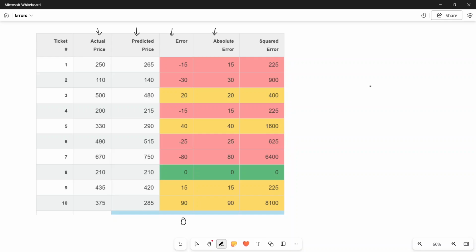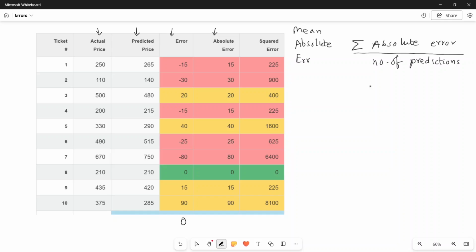Now when you take the sum of the absolute error column and you divide it by the total number of predictions, number of rows or number of data points, basically number of predictions, that gives you the average of the absolute error, or mean absolute error.